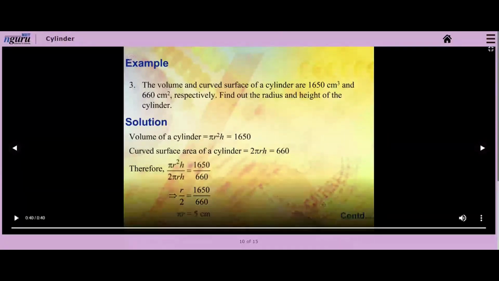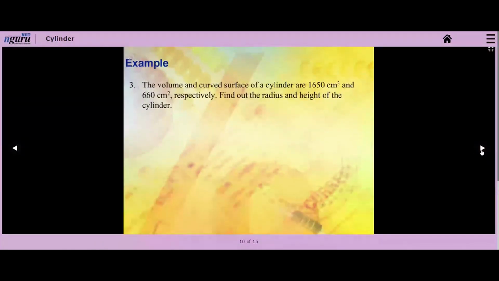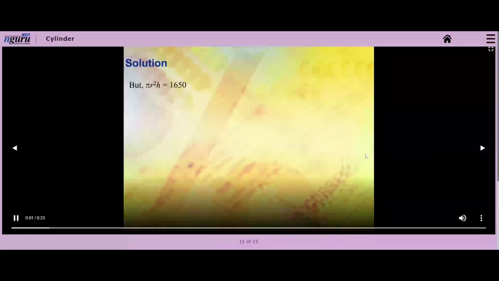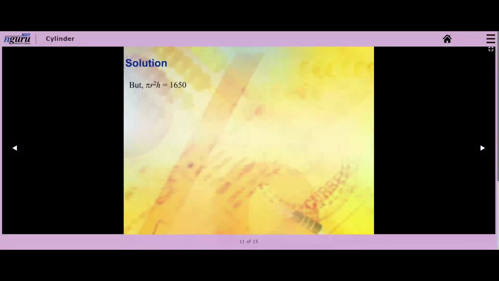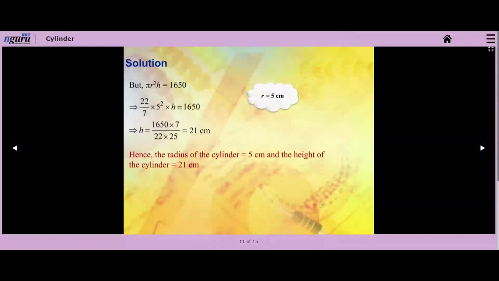Pi r equal to 5. Pi r square h is also equal to 1650. On substituting the values of pi and r in the above equation, we get h equal to 21 centimeters. Correct.